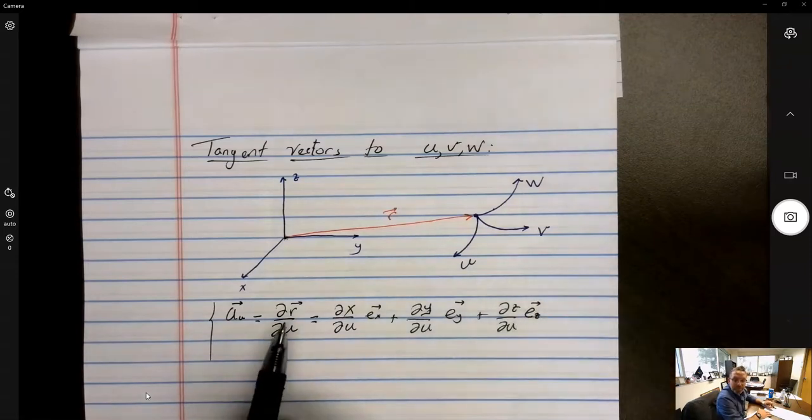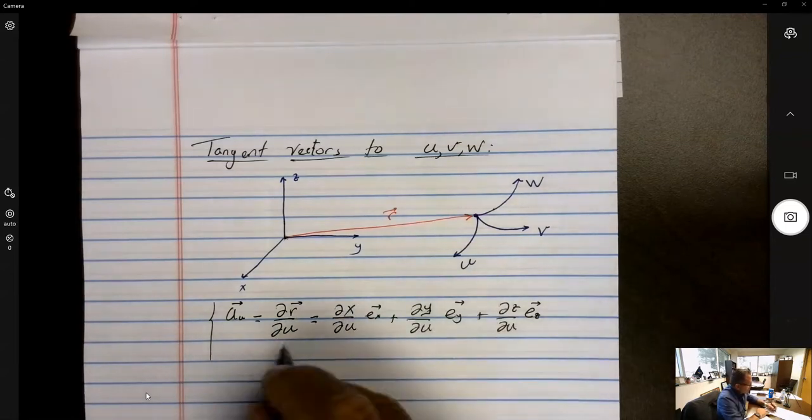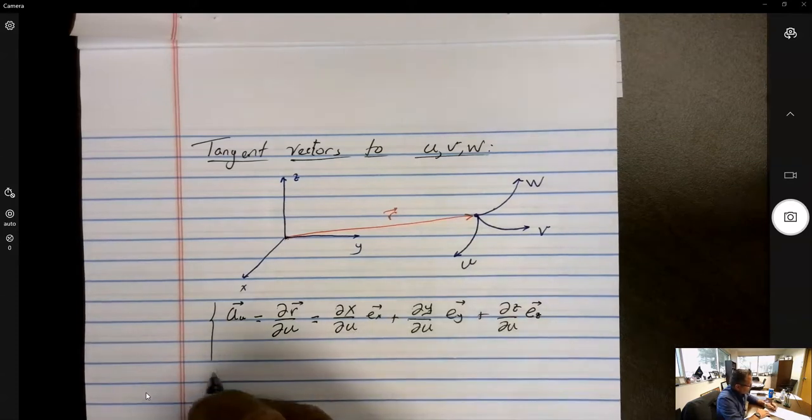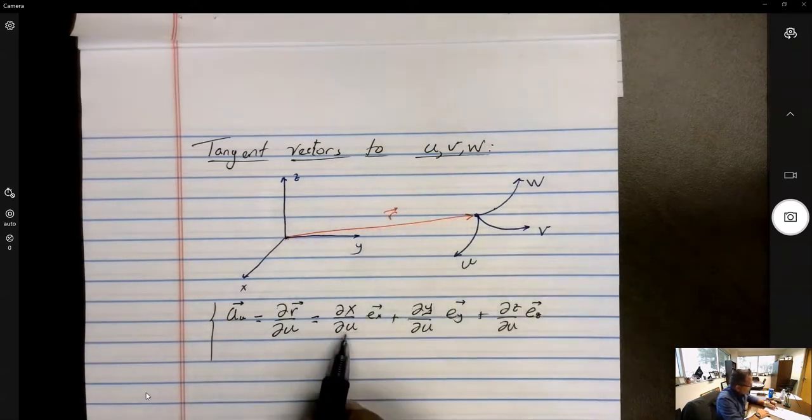Okay, so this is the position vector r, which is simply x, y, z in each of the directions, and now these are the partials with respect to the direction u. How does it change with respect to the direction u in each of the directions?